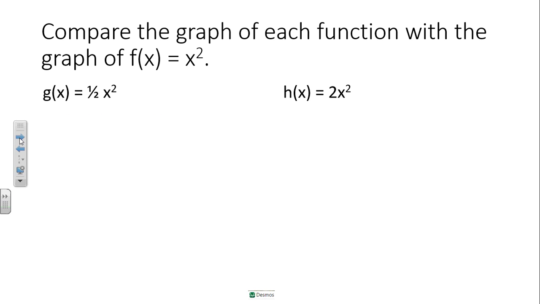Compare x squared with this. Shrink, which way? Vertical shrink. And vertical stretch.